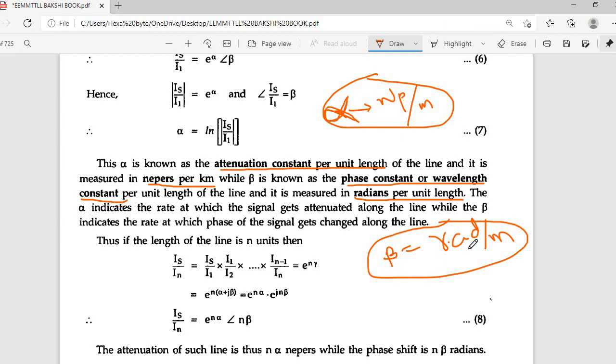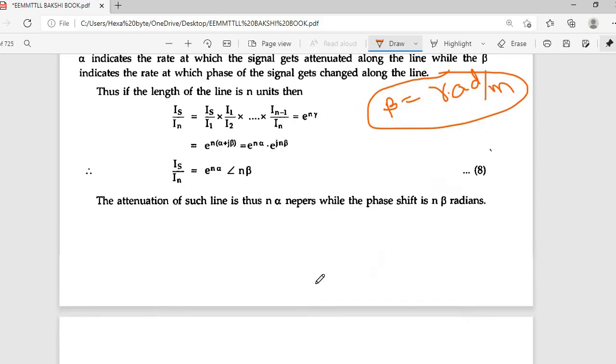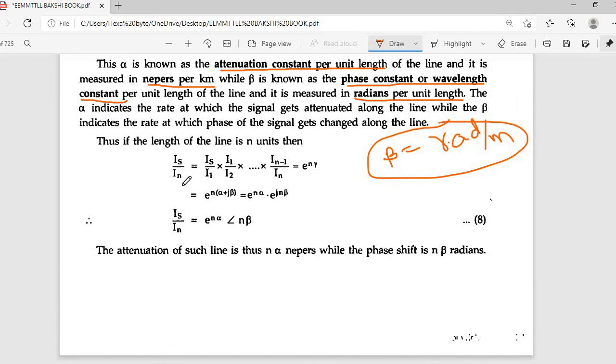Beta represents how many radians per meter. It gives the beta of the transmission line, the phase constant. So beta is how many radians per meter length, while alpha gives how much loss per meter length. So finally, IS by IN is equal to IS by I1 into I1 by I2, and so on up to IN minus 1 by IN.